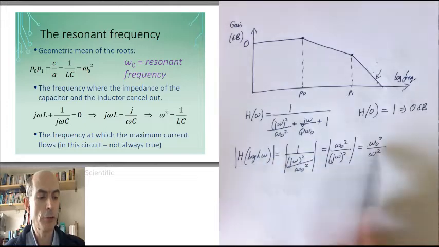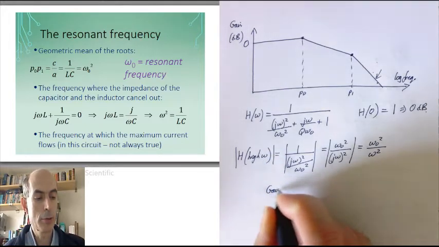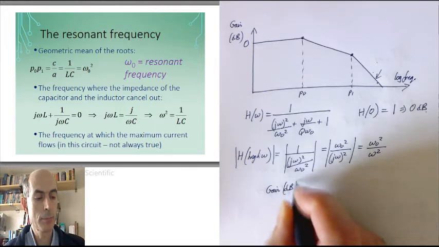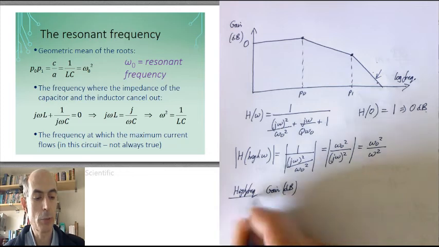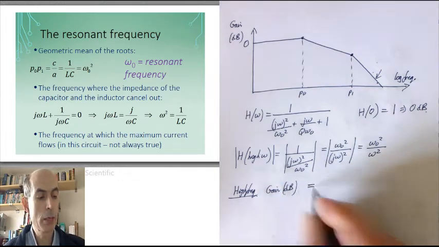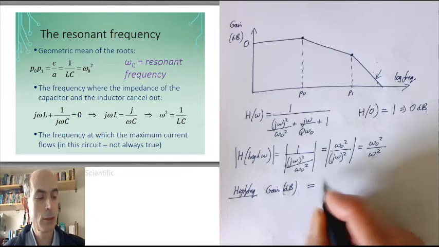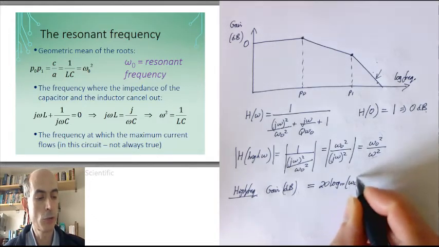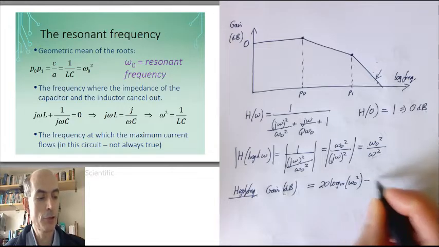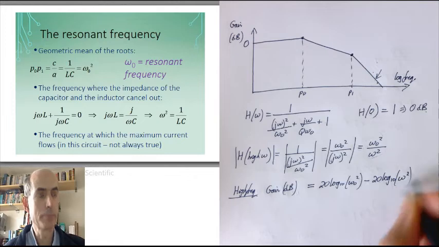If I convert this expression to decibels, I would get the gain in dBs, again at high frequencies only, this is a high frequency approximation. It would be 20 times log to the base 10 of omega naught squared minus 20 times log to the base 10 of omega squared.